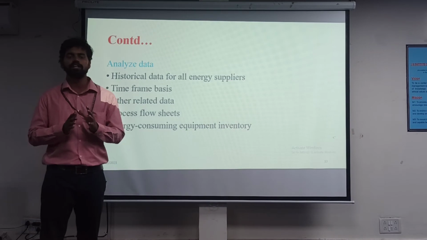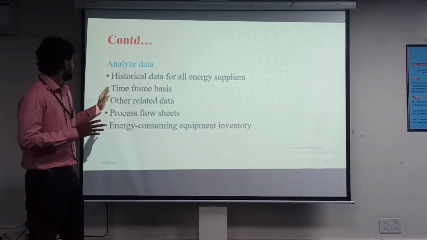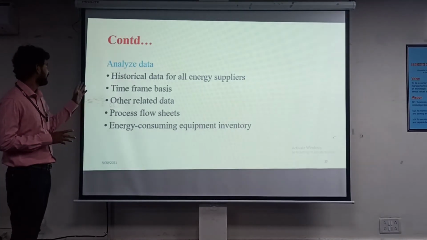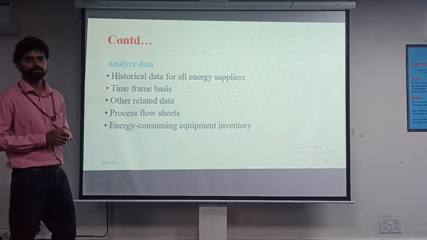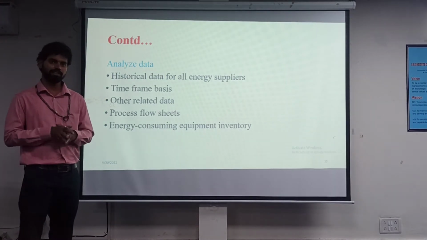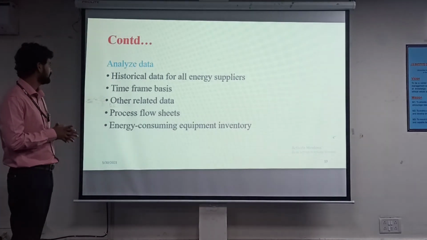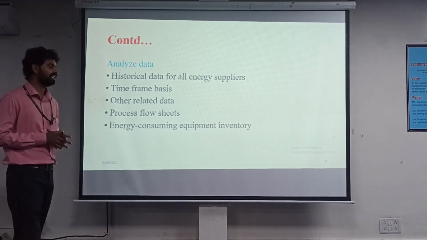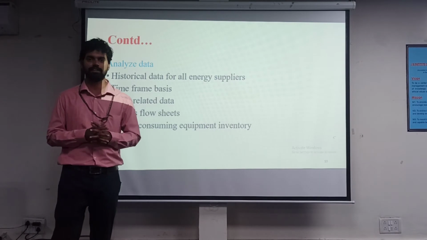All these are evaluated by doing visual inspection, and then analyze the data. The data is analyzed through historical data which is available within the plant and the time frame basis, other related data and process flow sheet and energy consumption equipment inventory.